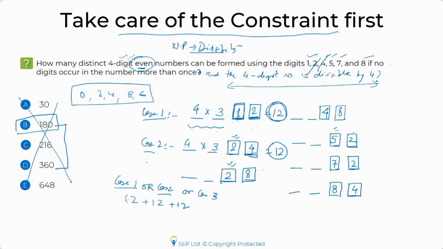How many cases do you have? 1, 2, 3, 4, 5, 6, 7. So you have 7 cases. You're adding 12 seven times, which you can directly write as 12 times 7, which is 84. So there are 84 numbers that are divisible by 4.